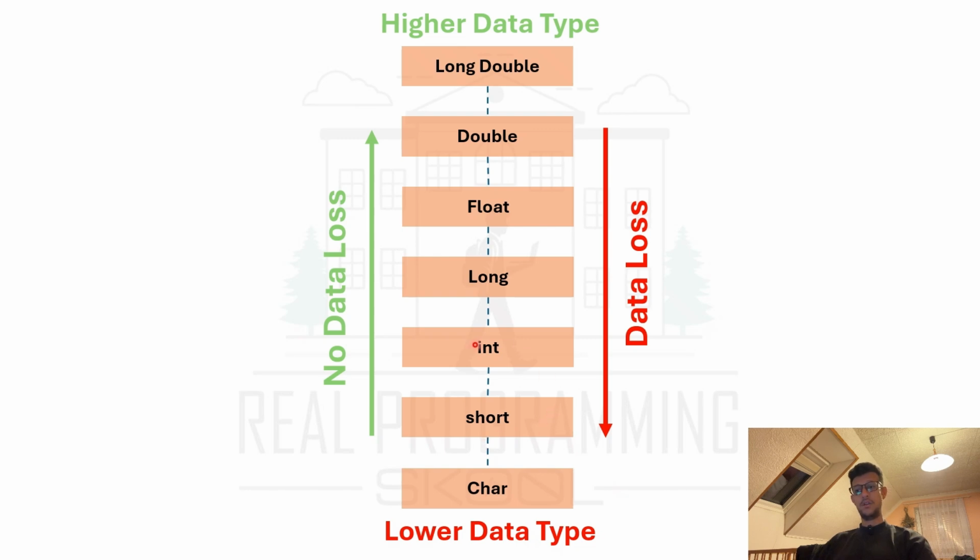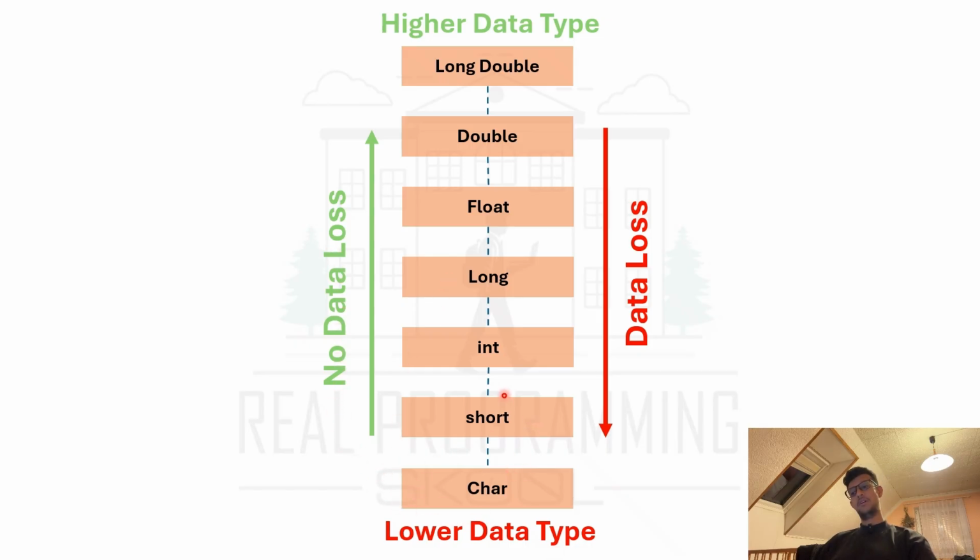Why? Because I convert from a big data type that holds big values to a small data type that holds small values. But if we convert from a small data type up to a bigger one, as you see in the picture here, there is no data loss.